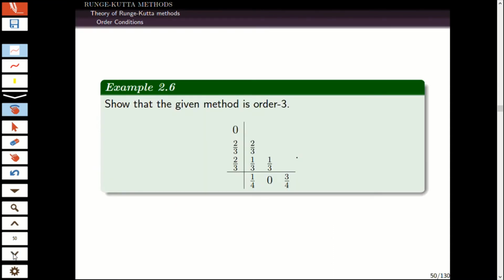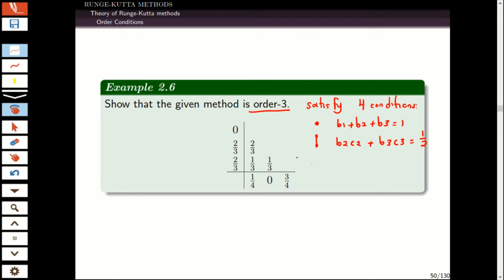So for example, show that the method is of order 3. How many conditions do we need to satisfy? 4 conditions. And what are the conditions? Number 1 is b1 plus b2 plus b3 equals 1. And then we have to satisfy this tall tree, which is b2 c2 plus b3 c3 equals half.